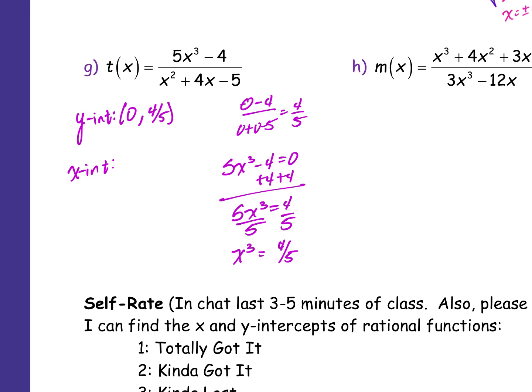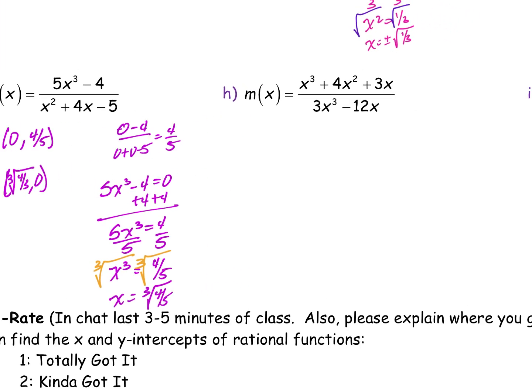Cube root it. So if I cube root one side, I'm going to cube root the other side. So x is going to equal the cube root of 4/5. So this is the cube root of 4/5, 0. Sorry, that should be a little more curved. There's my x-intercept.